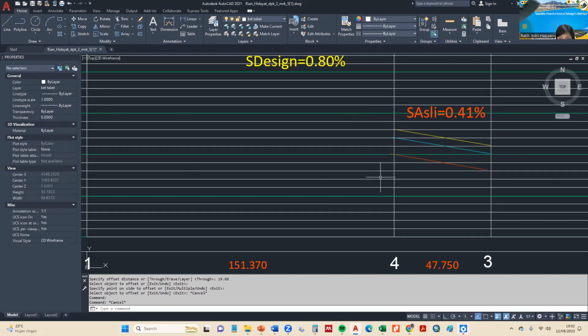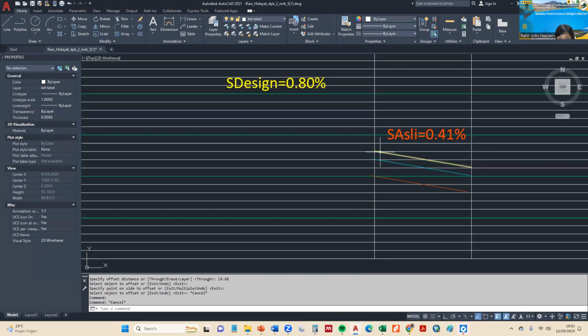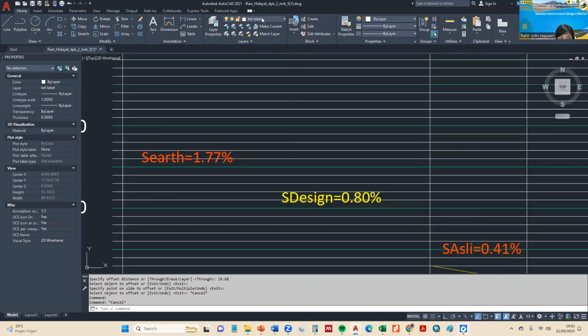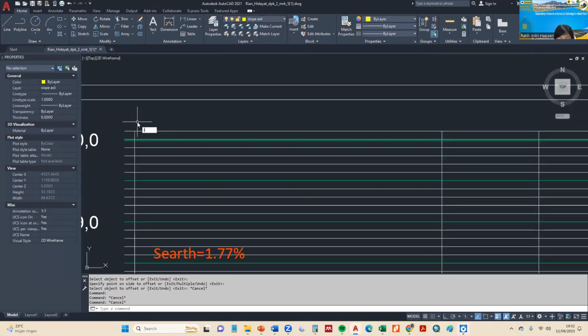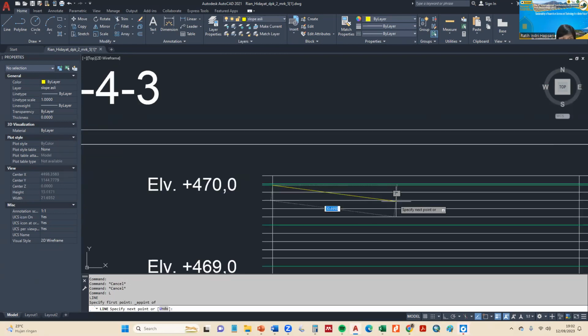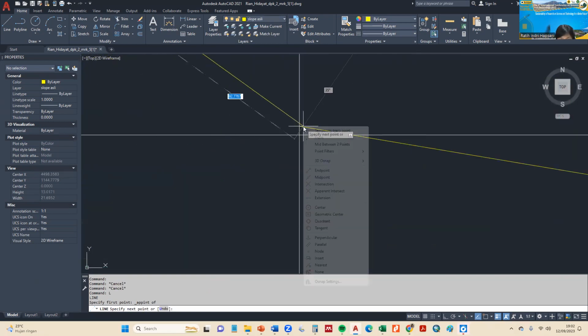Then for the elevation of this one, 467.3, I think this is correct. So I just draw from the offset one and change the layer first. Make a drawing from this into this.